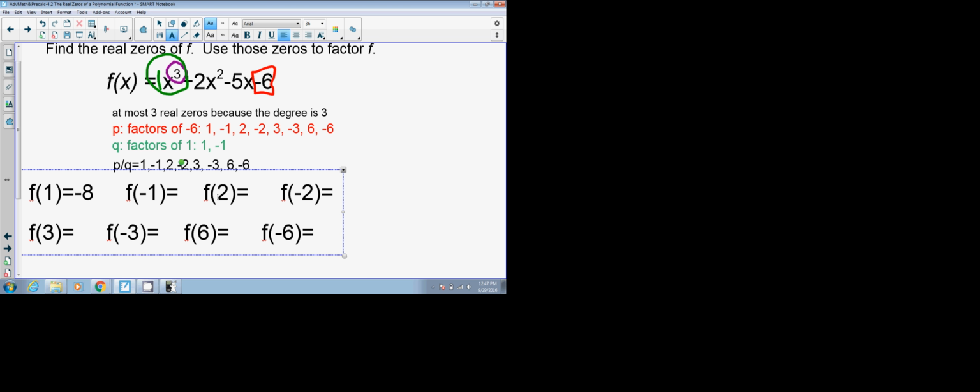I'm going to go through and find each of these values by plugging in the x value. Instead of retyping this each time, I'm just going to re-enter what I already had entered, and I'm going to insert a negative in front of each of these 1s.